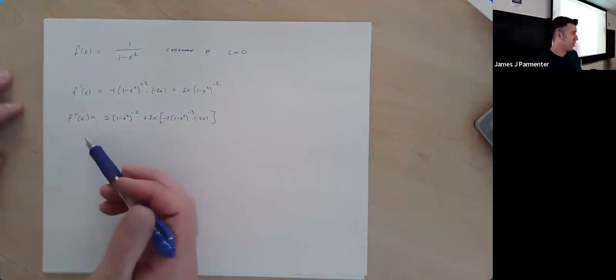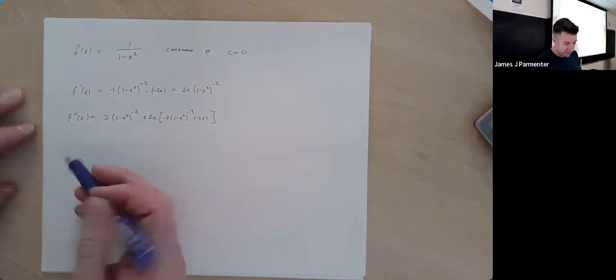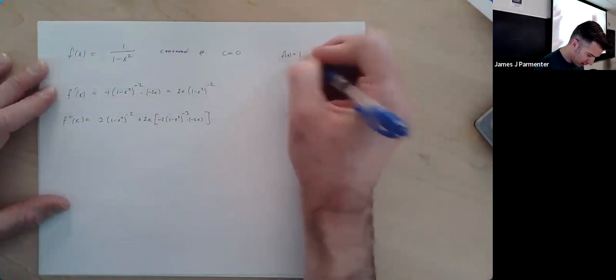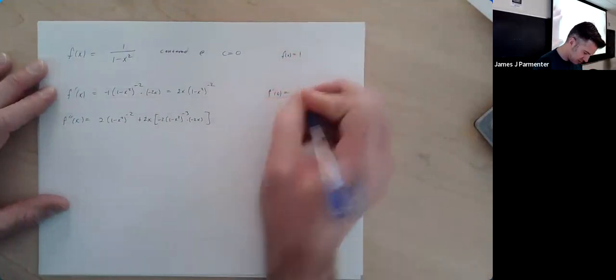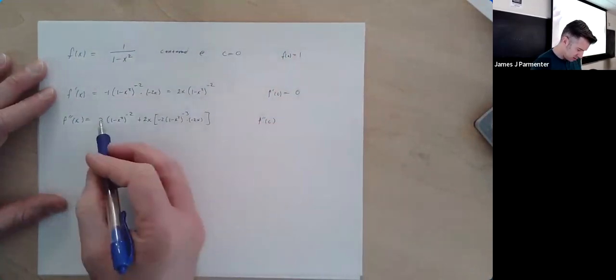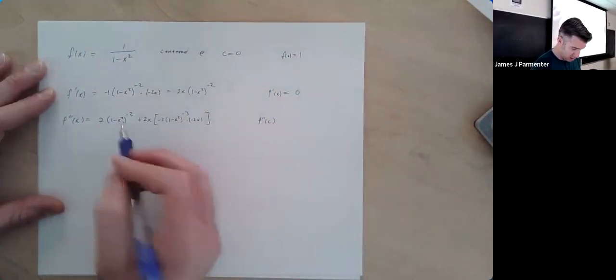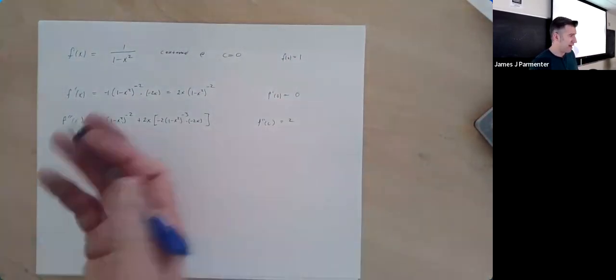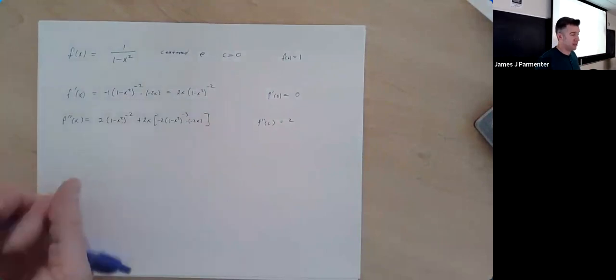This is the second derivative and already it's gotten terrible. And even though I might start plugging in 0, like f of 0 is 1, f prime of 0 appears to be 0, f double prime of 0 appears to be 2 times 1, and that one's going to be 0 because there's a 0 there. But it's not going to be really easy to see the pattern here.